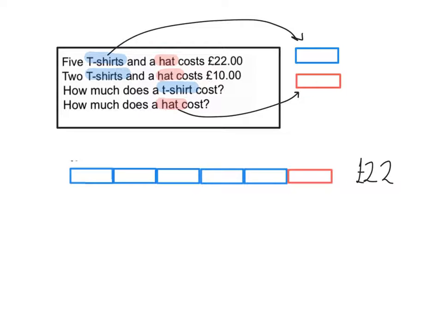And then I'm going to put directly underneath 2 t-shirts. So that's 1, 2 t-shirts and a hat again.